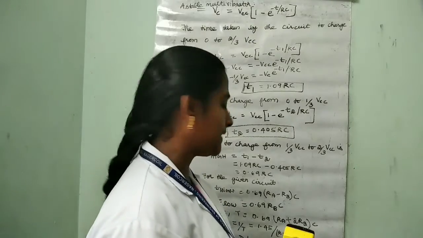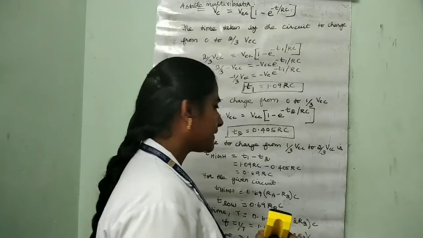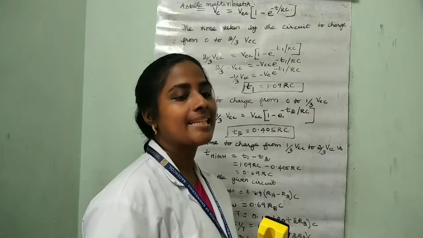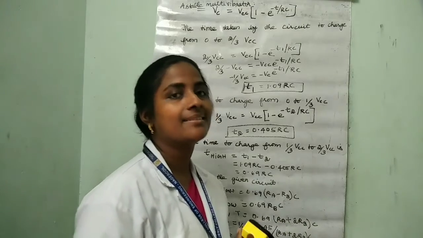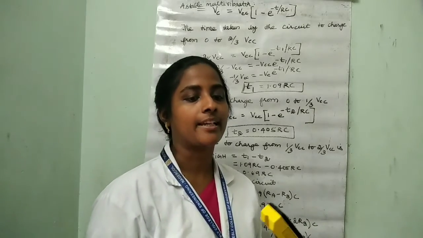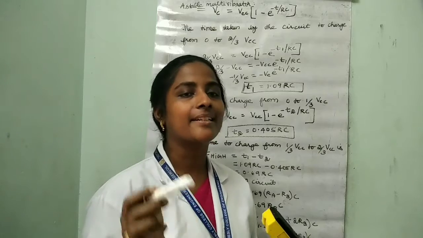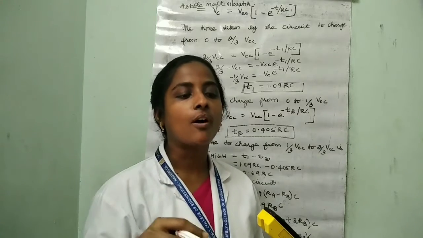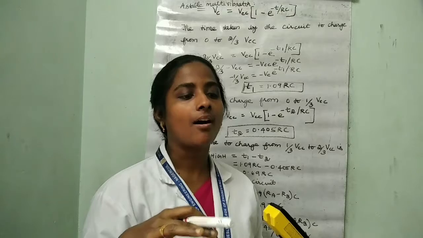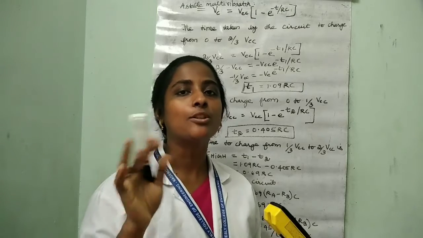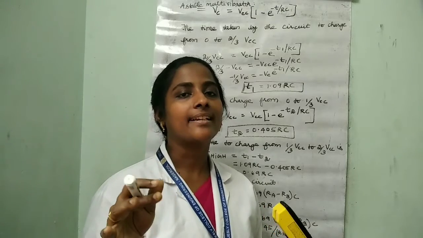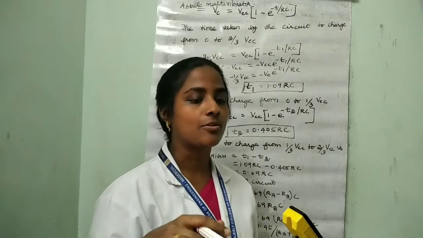Now we have the total time period T equal to T on plus T off, and we have to find the duty cycle. Okay, this duty cycle is defined as the ratio of on time to the total period.